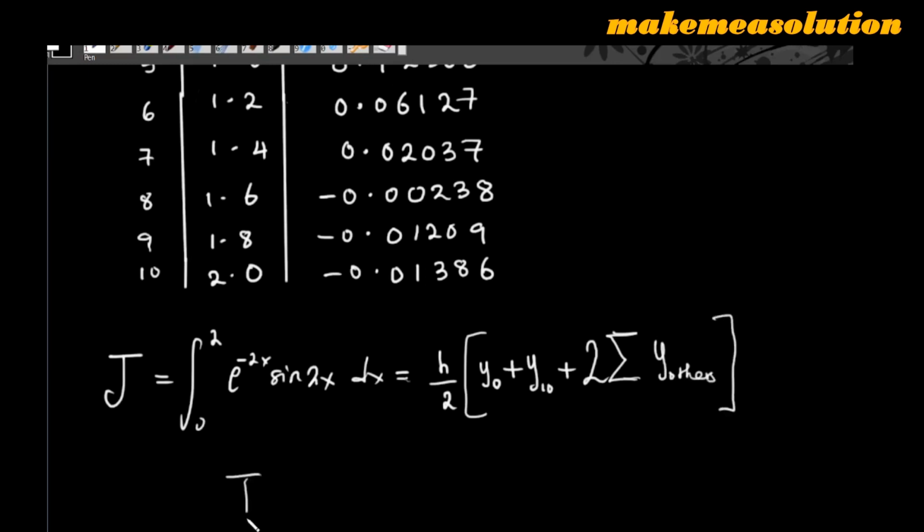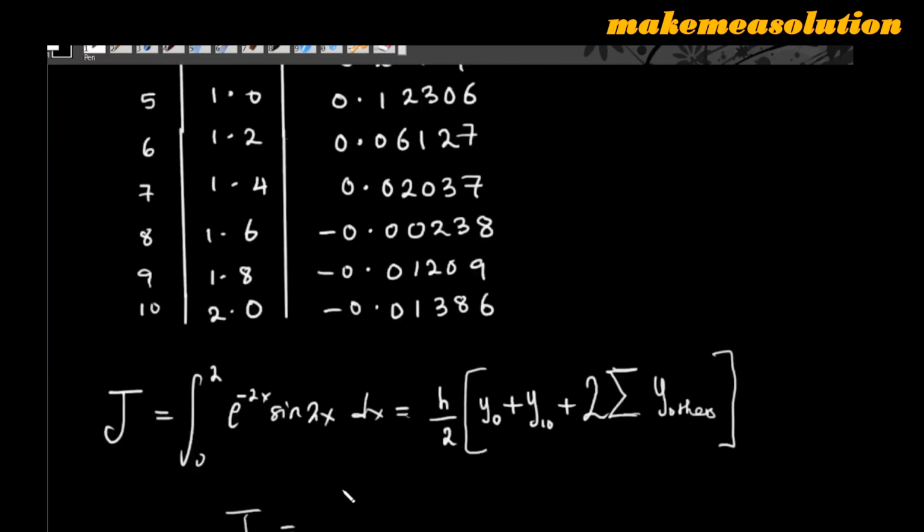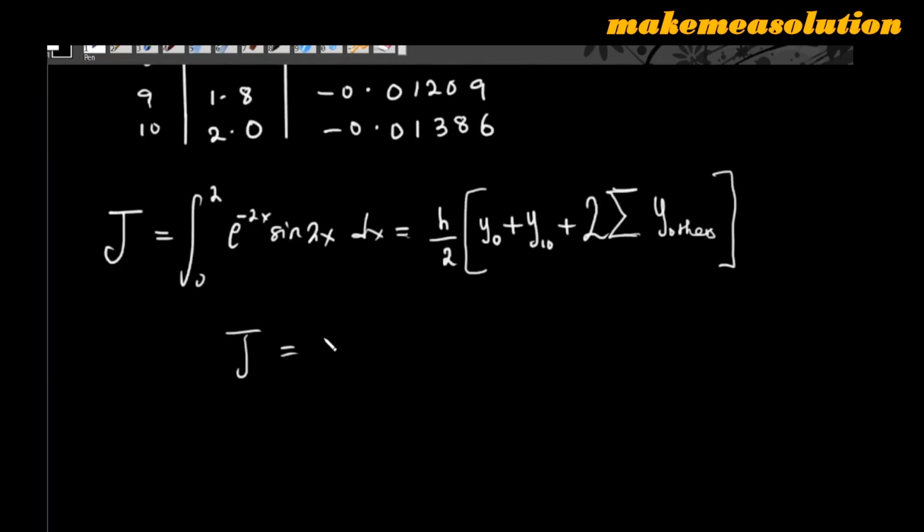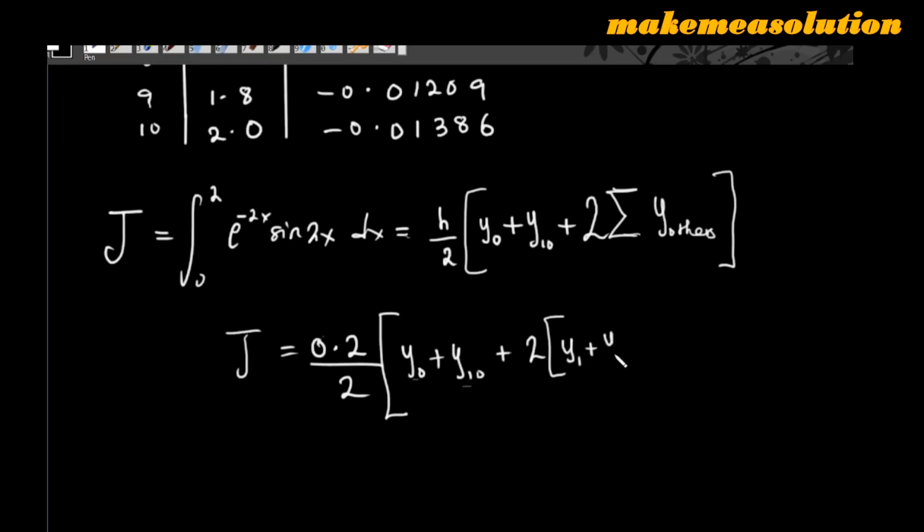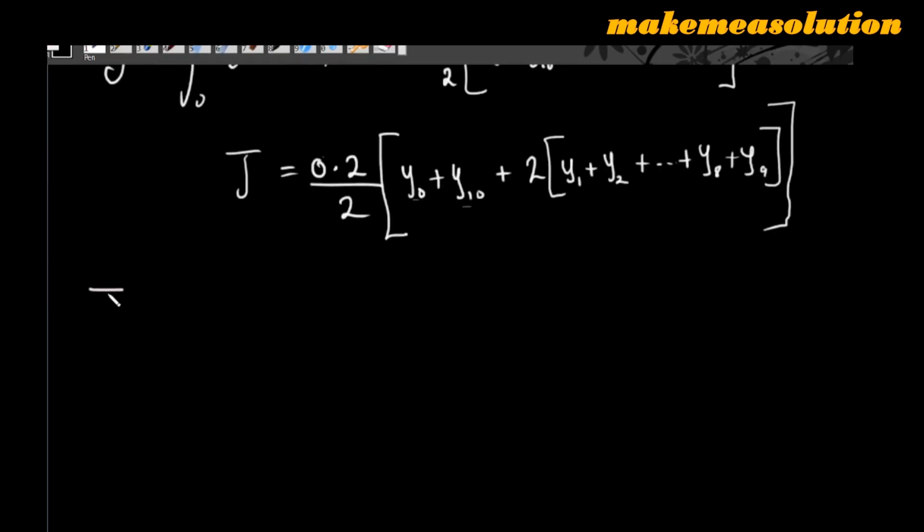So what does this mean? J is equal to h, which is 0.2, divided by 2, then y naught plus y10, the first value plus the last value, plus 2 brackets, y1 plus y2 plus dot dot dot plus y8 plus y9. So we can evaluate J as 0.2 divided by 2 and brackets.